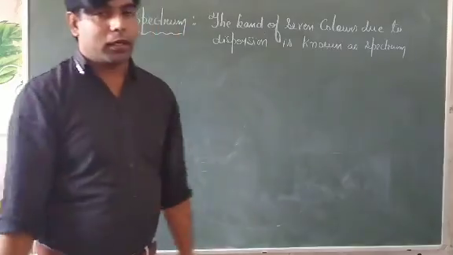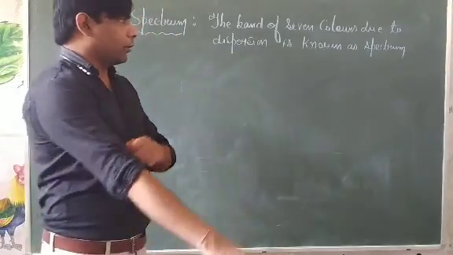The band of 7 colors due to dispersion is known as the spectrum, right?